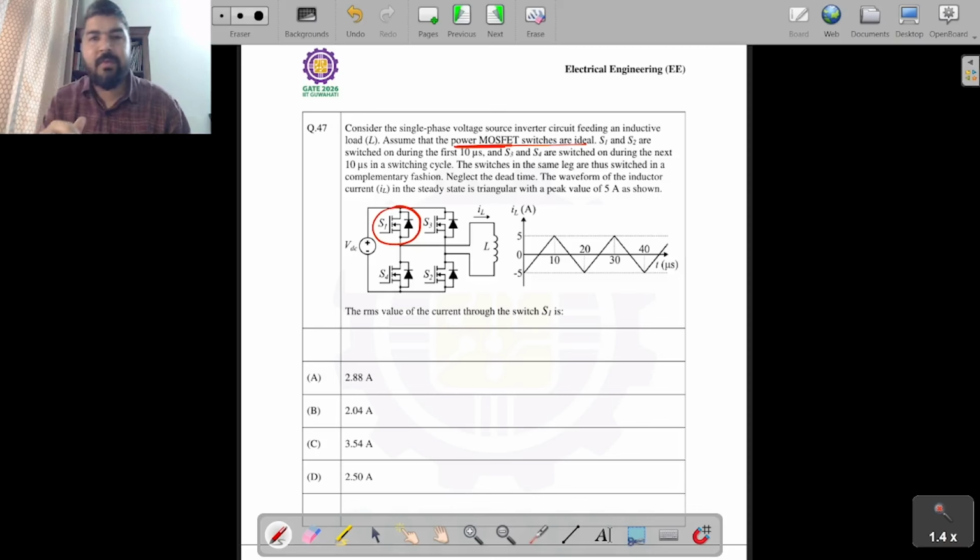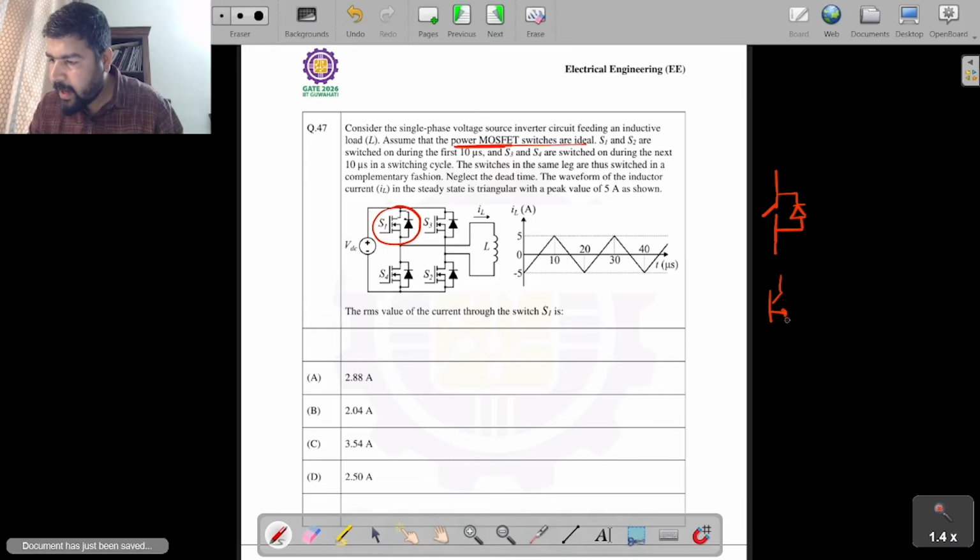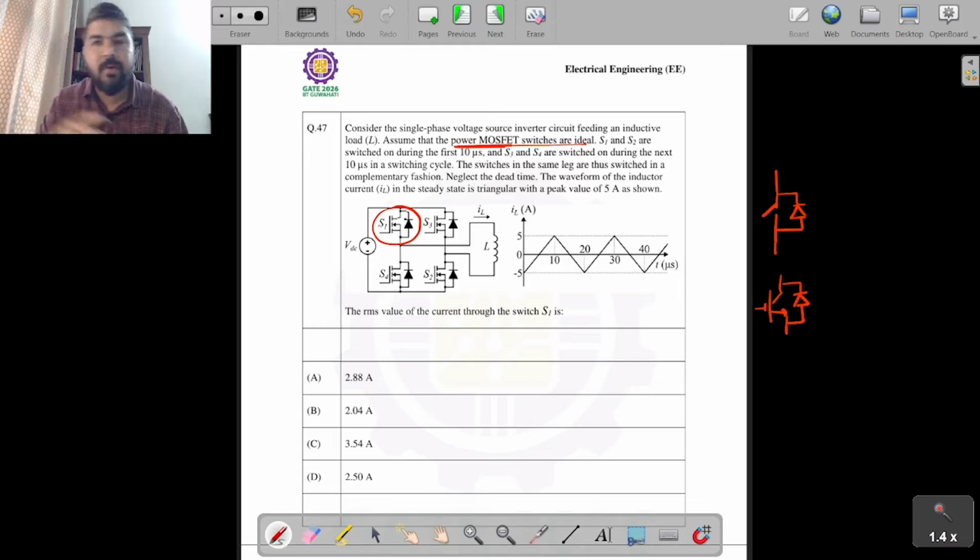Previously, when we were solving the memory based problems, we were taking the switch like this. If there is a switch like this, then we will not consider the diode as a part of the switch. It's a separate thing. Or when we take an IGBT, the IGBT does not have an inbuilt antiparallel diode, so again we have to take this diode separate from the switch. But in a MOSFET, this feedback diode is a part of the switch itself.